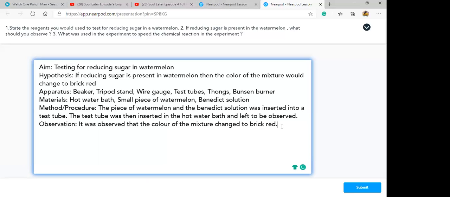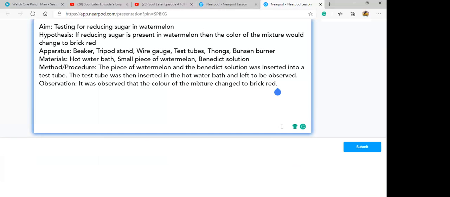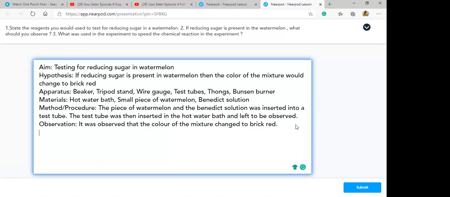What's the conclusion now? The conclusion would be what you learn in the process.